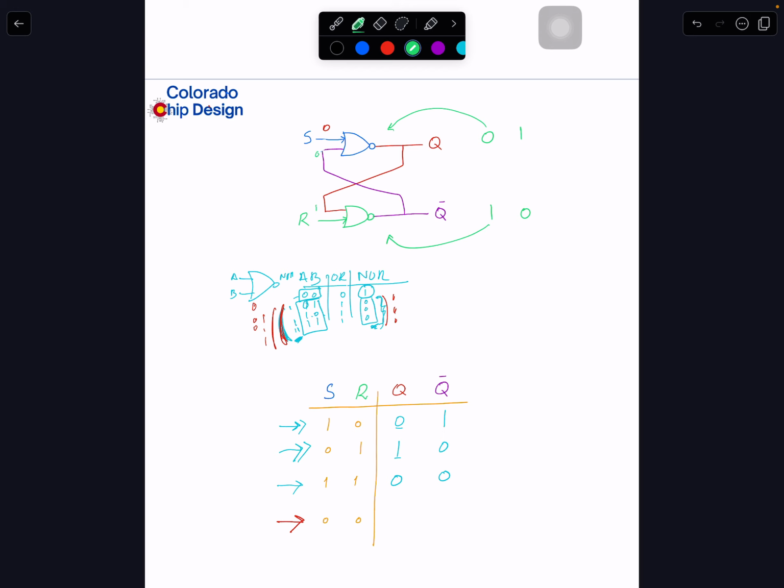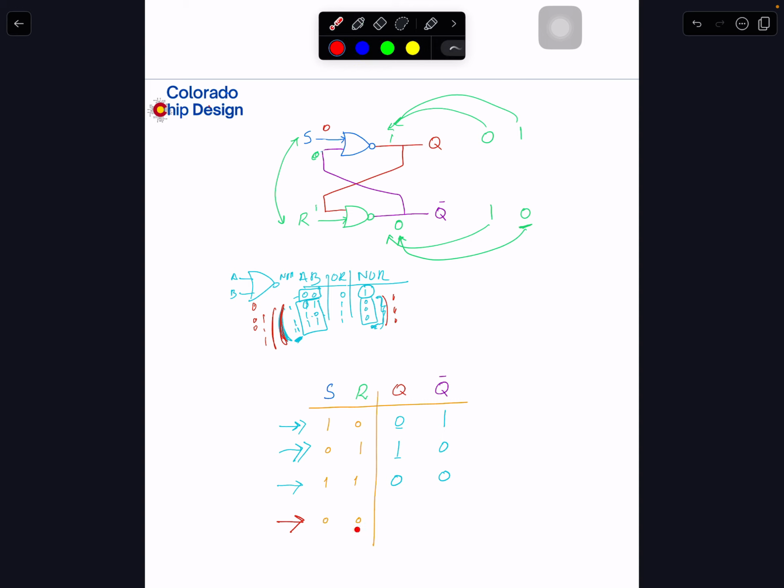Because of this one, this immediately becomes 0. Then this will be 0, and both inputs are 0, so this is 1. So you can say that whatever the previous state is, it maintained. This thing is not overriding the previous state. And that is really the beauty.